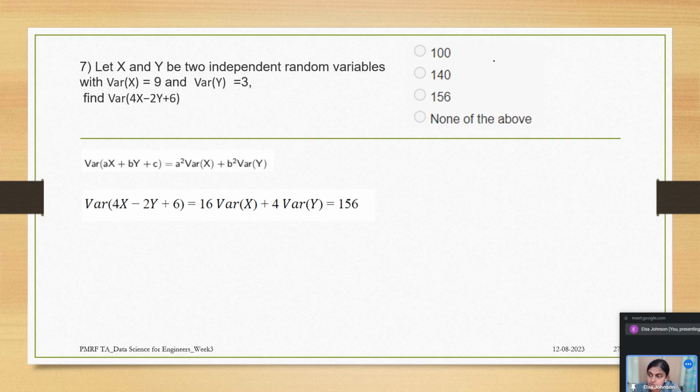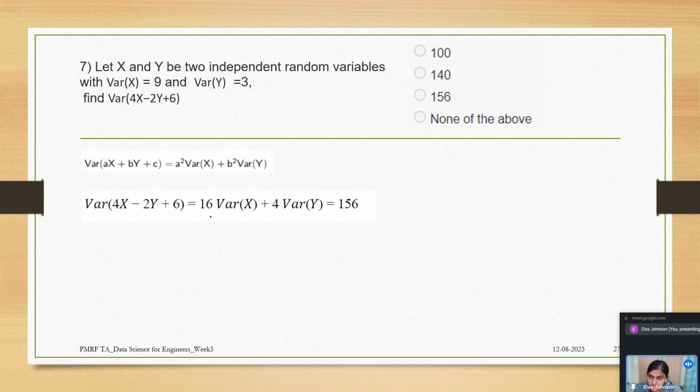So x and y are 2 independent random variables. This is an easy question, you can find it out directly. Variance of x is given as 9, variance of y is given as 3. You have to find the variance of 4x minus 2y plus 6. If you have ax plus by plus c, then the variance can be written as a square into variance of x plus b square into variance of y.